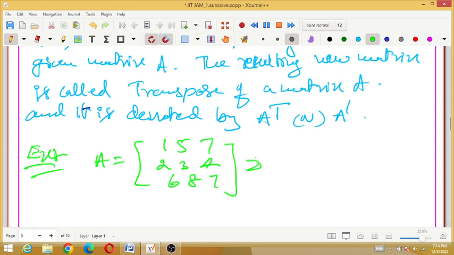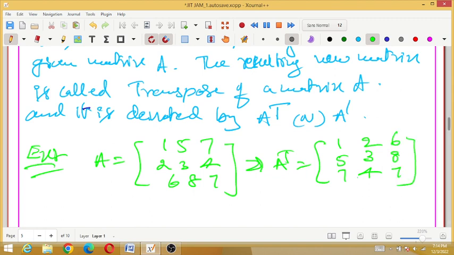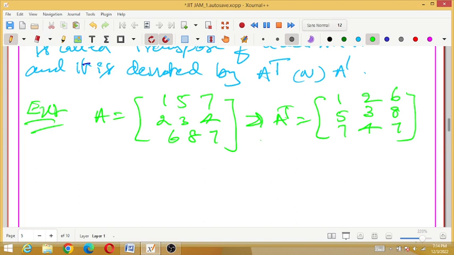Now its transpose, A transpose, is equal to: the first row becomes the first column, 1, 5, 7; the second row becomes the second column, 2, 3, 4; and the third row becomes the third column, 6, 8, 7. In this way the transpose matrix will come.